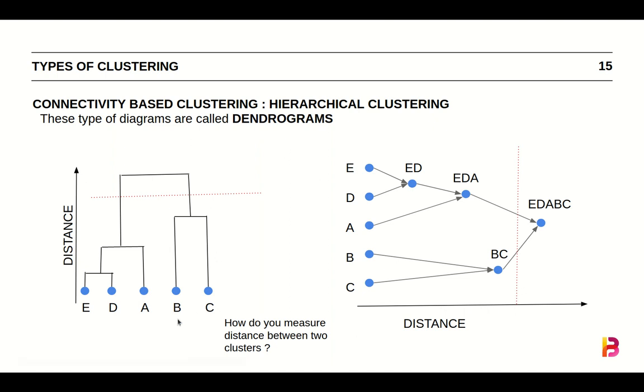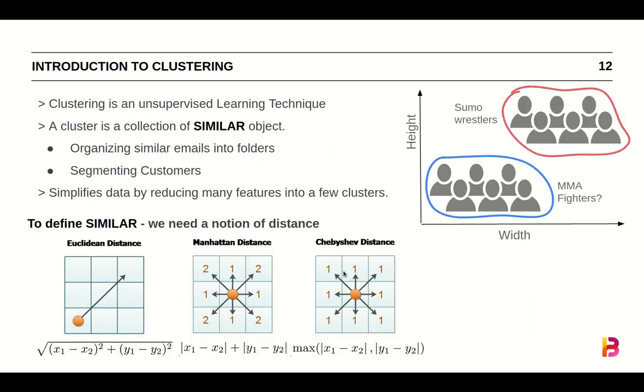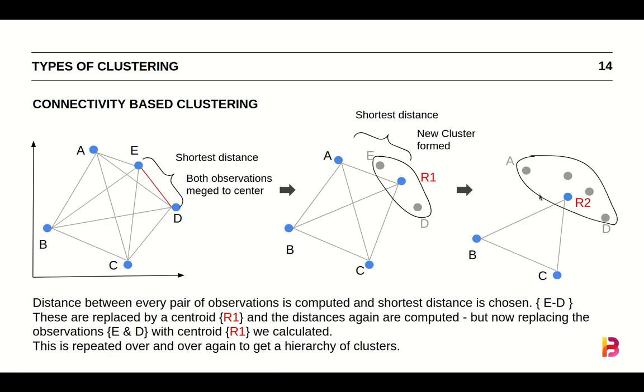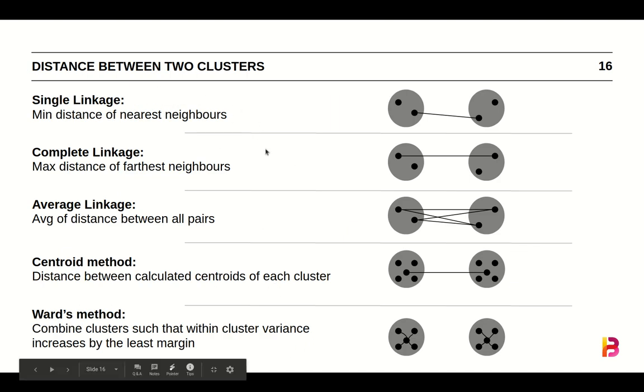So distance can be between 2 points or between 2 clusters. Now you know both ways of doing it. So distance between points is calculated using multiple ways. It might be Euclidean, Manhattan, Chebyshev, or in general using Minkowski's formula. You can calculate distance between any points. And now you also know how to calculate distance between any 2 clusters using any of these techniques.